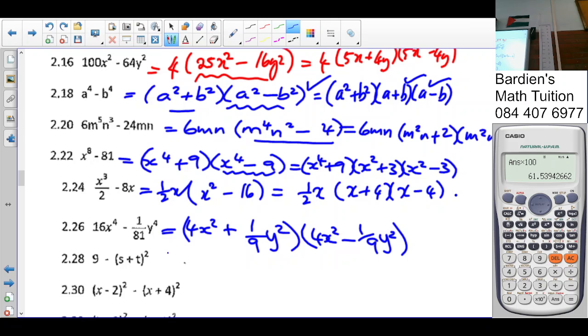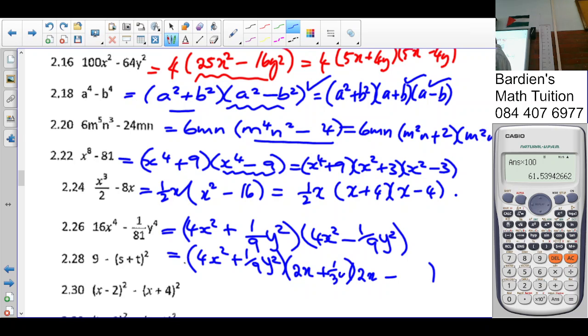You see that's going to remain the same. So it's going to be 4x squared plus 1 over 9y squared. The square root of 4x squared is going to be 2x, positive and negative. Square root of 1 over 9 is 1 over 3y. Okay.